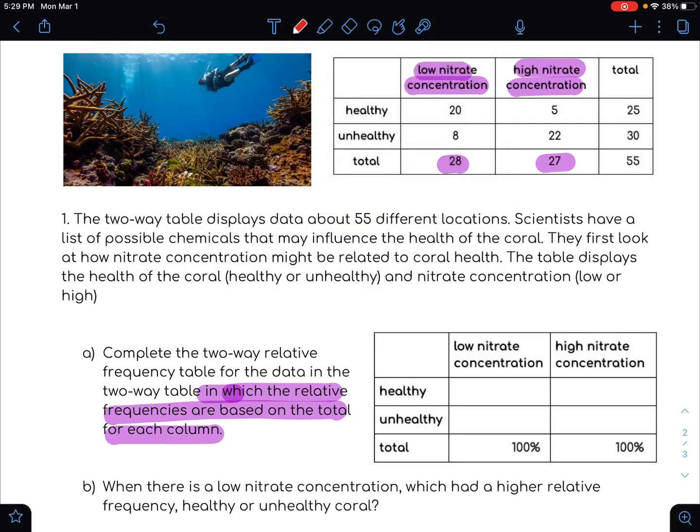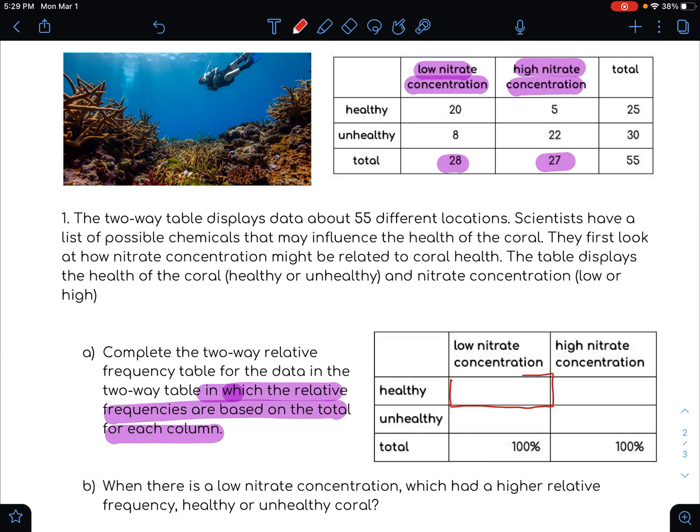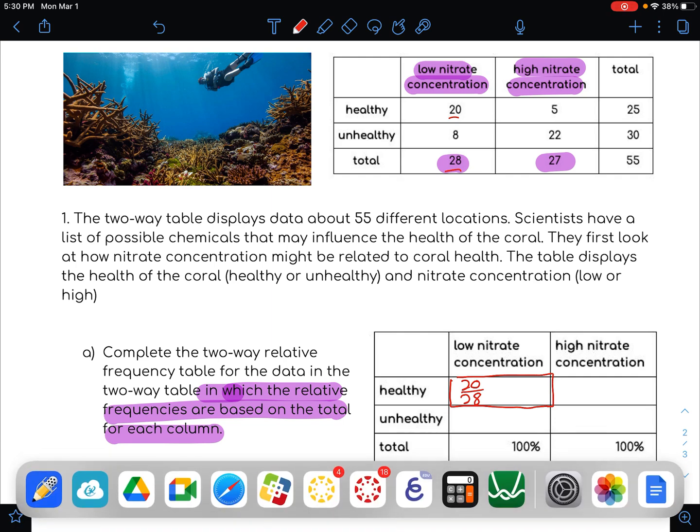So the first one is low nitrate concentration and healthy. So this first one here. We're going to be thinking about our total of 28 low nitrate concentration locations. That's what we're taking it from. And then we are looking at how many of them are healthy versus unhealthy. So if we look at the healthy amount, then that would be 20 out of those 28 that are healthy and have low nitrate concentrations. All right, so 20 divided by 28.